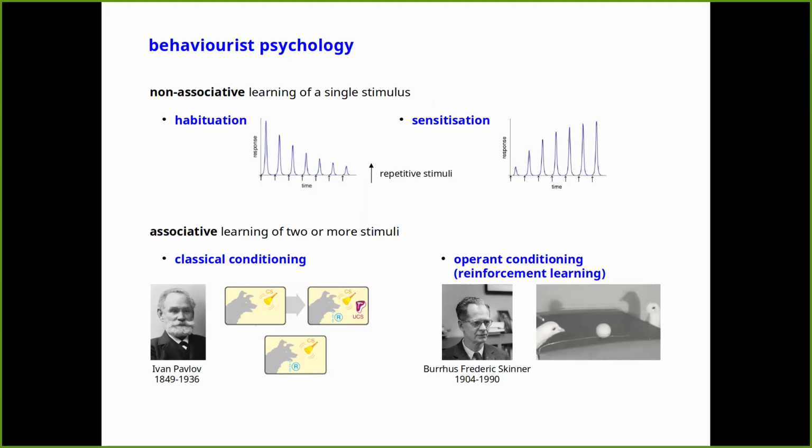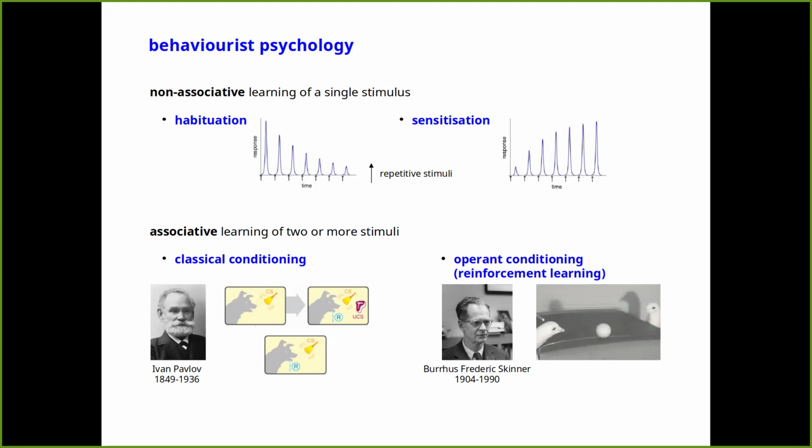I'm sure you're familiar with Pavlovian conditioning. That's the one that everyone knows, Pavlov's dogs listening to a bell just before they get their food, and after that, the bell triggers salivatory responses. But there are simpler forms of learning.